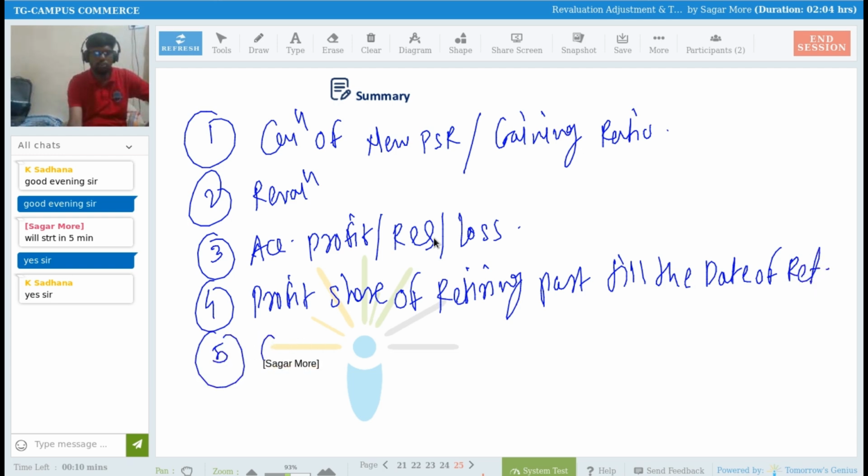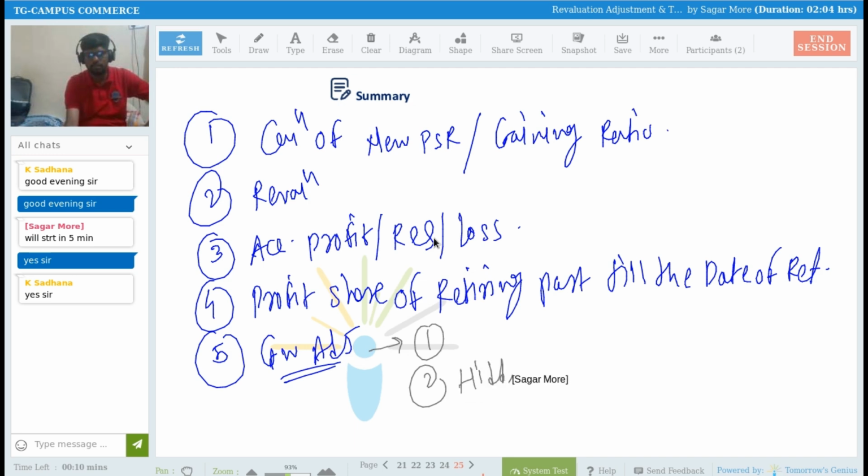And fifth, we understood goodwill adjustment. As I said, in goodwill adjustment there are only two concepts in your CBSE syllabus. The first is goodwill adjustment through capital accounts, where you have to find out who is the gaining partner and who is the sacrificing partner.